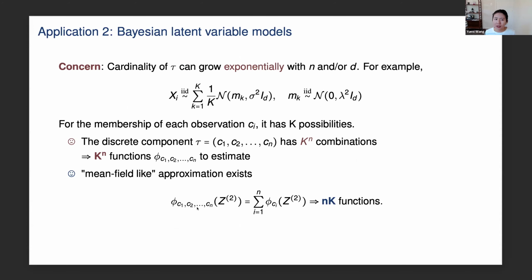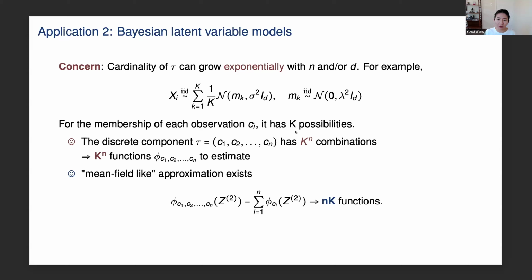And the one challenge I briefly mentioned earlier is, for example, for Bayesian latent variable models, a lot of times the cardinality of your discrete components can grow exponentially with your number of observations or your number of covariates. If we think about the simplest case, a mixture of Gaussians with k components, the membership of each observation has k possibilities.